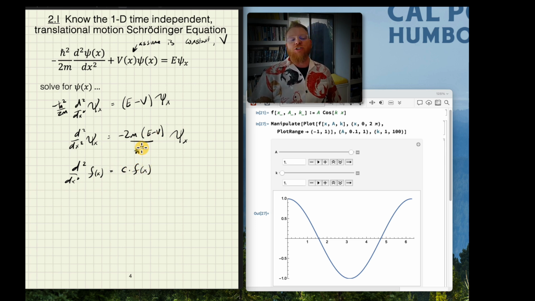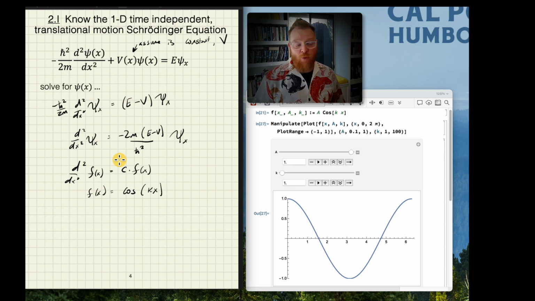So this is like our general standard form. This has the general solution, f of x equals cosine, and actually, I'm going to just write kx, where k is a new constant that's collected all of the other constants. So that is our general solution for this equation.